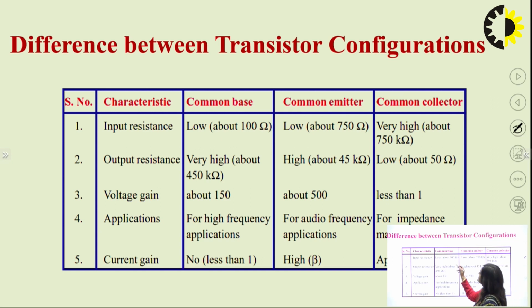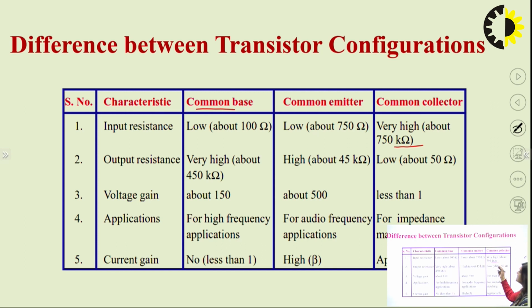So in common base we have observed low input impedance, that is 100 ohm, and in common emitter impedance is more in comparison, that is 750, and in common collector input impedance is generally very high.